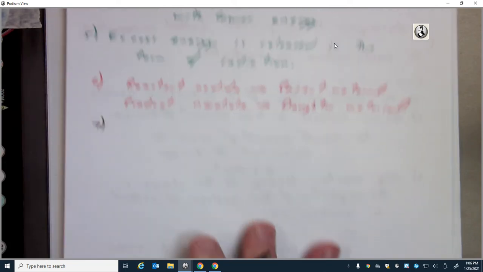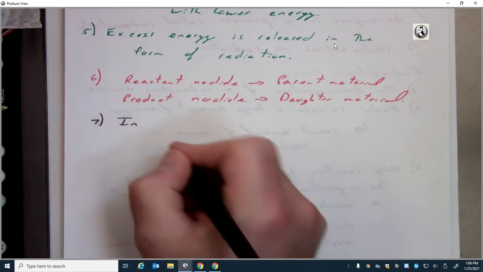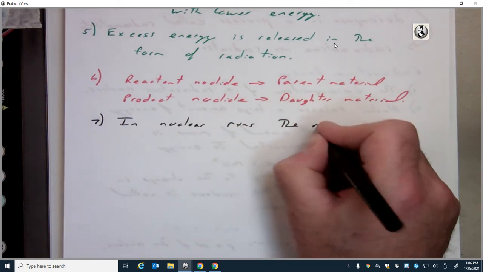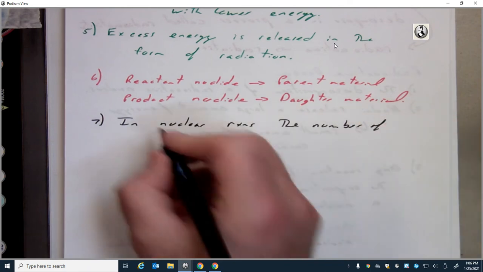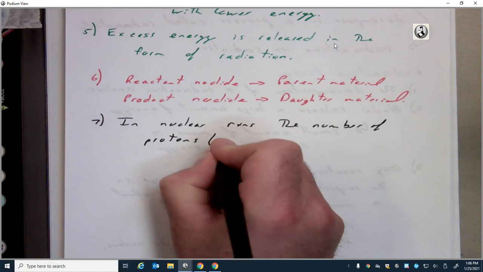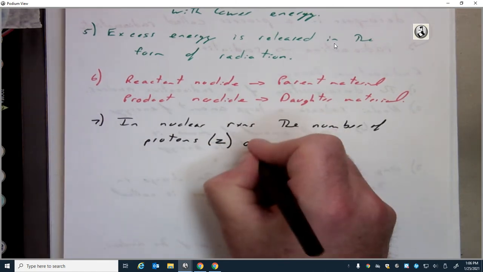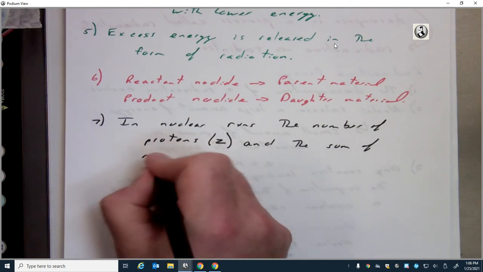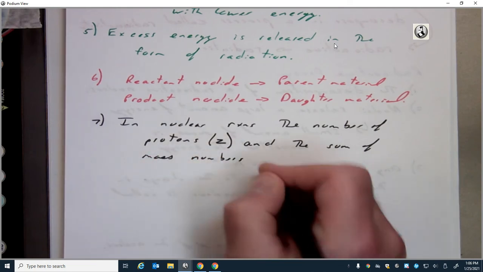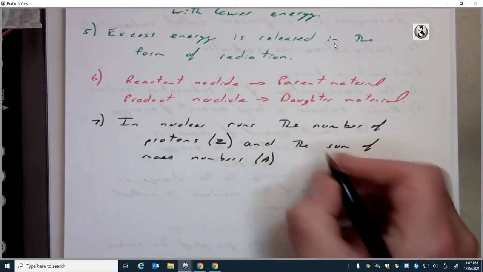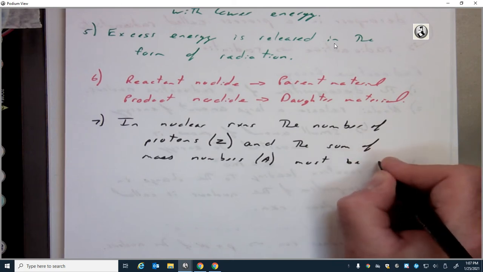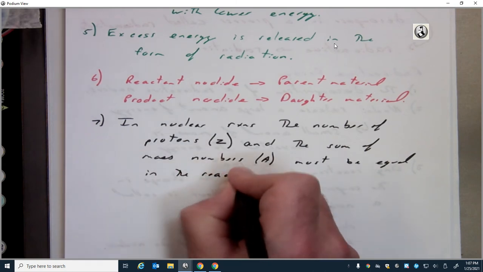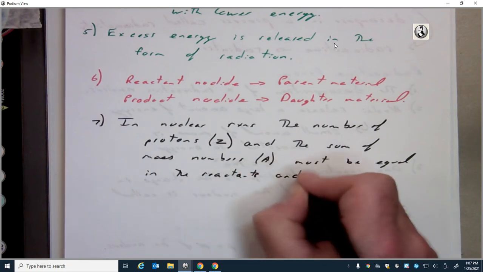Number 7. In nuclear reactions, the number of protons, which we also often denote with the letter Z, and the sum of the mass numbers, which is often A, must be equal in the reactants and products.